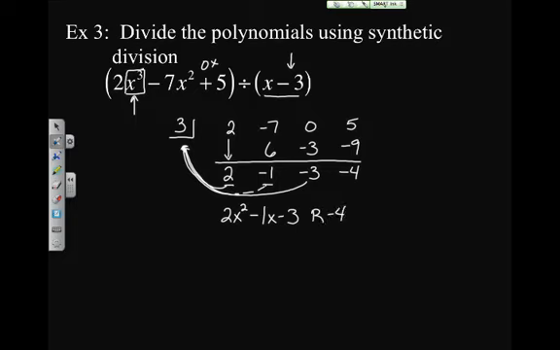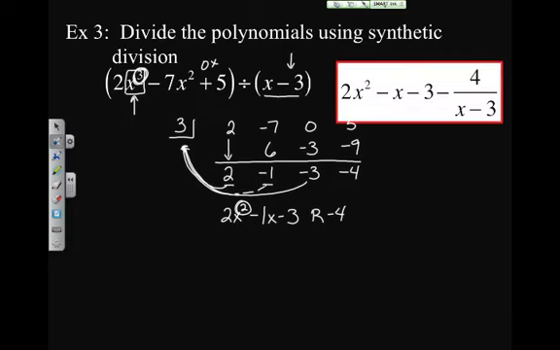So whatever this degree is here, being that it's a 3, this one will always be 1 less, and then the powers go down by 1. So you can see our answer there, and of course we do not have to write the 1 there, and we could write this last term as a fraction if we wanted to.